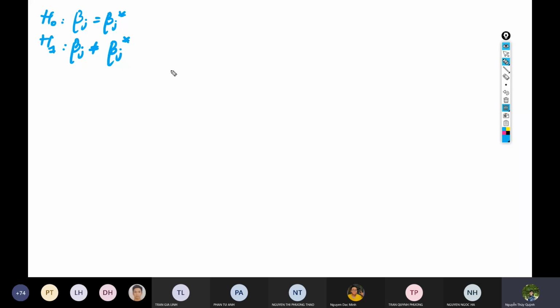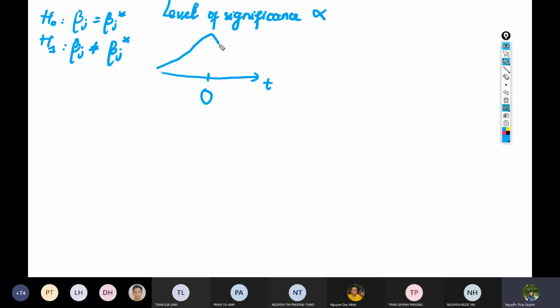So let's talk about alpha first, the level of significance. This is t, the expected value of t, and this is a t distribution. We have minus t alpha divided by 2 and t alpha divided by 2.